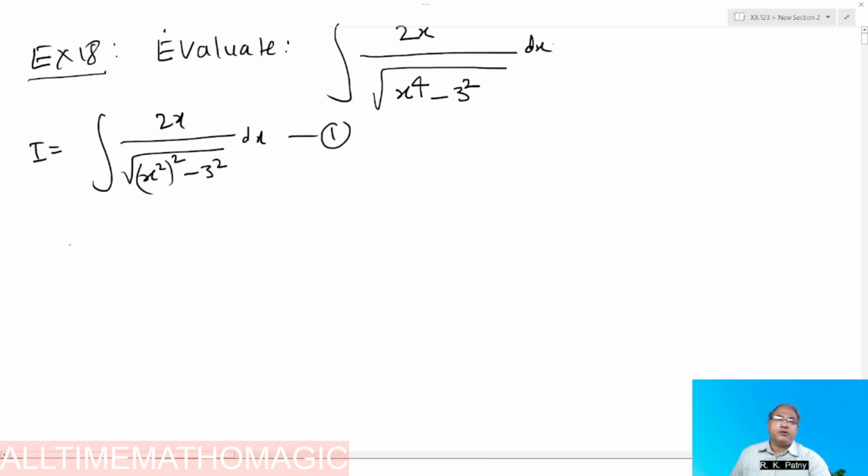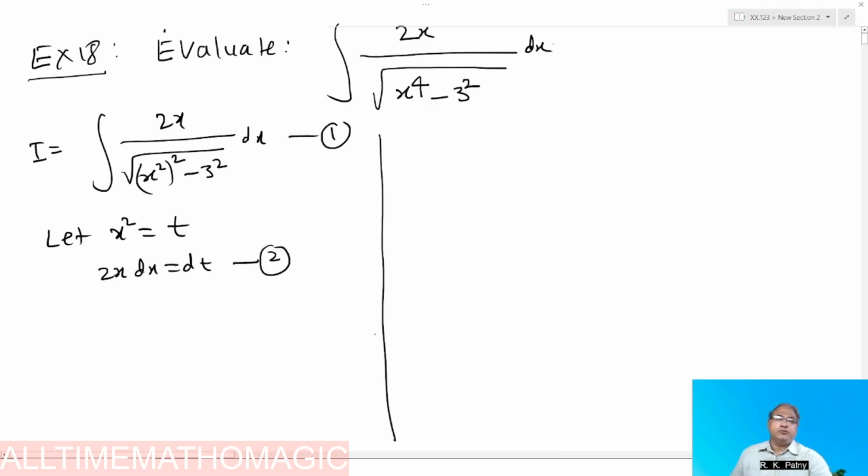Call it equation 1. Now let x square equals to t. So the derivative is nothing but 2x dx equals to dt. Call it equation 2. Therefore I can be written as integration of 1 upon under root of x square whole square minus 3 square into 2x dx.